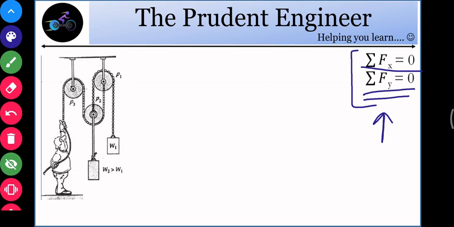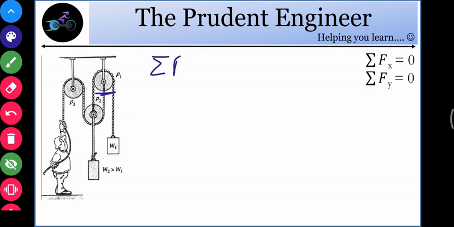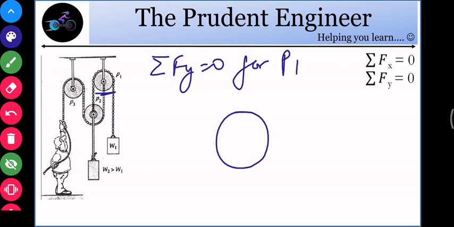Now we can take any pulley and use the equilibrium equations. So we'll find the equilibrium for pulley P1: summation Fy equals 0 for P1. This is the pulley. On the right hand side there is a tension in the rope which is W1, and the same on the left side.